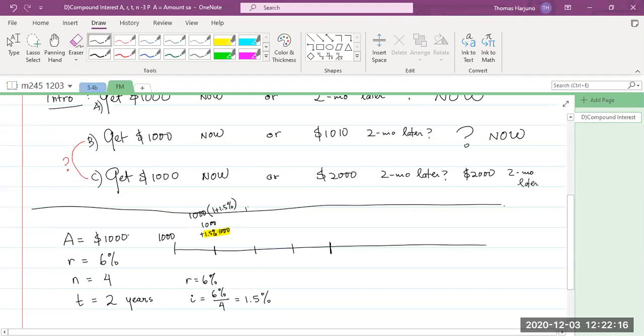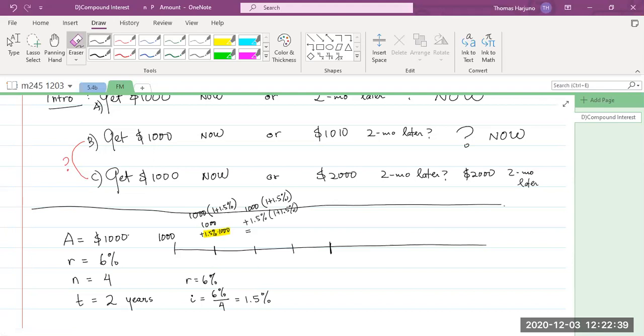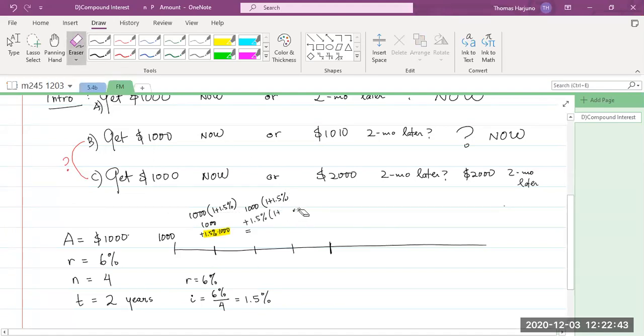You will have the capital that you carried into that period, which is 1,000 plus 1.5%, plus 1.5% of that amount. It gets very complicated, huh? Don't worry, because if you know your math, I'm sorry, it should be times 1,000.